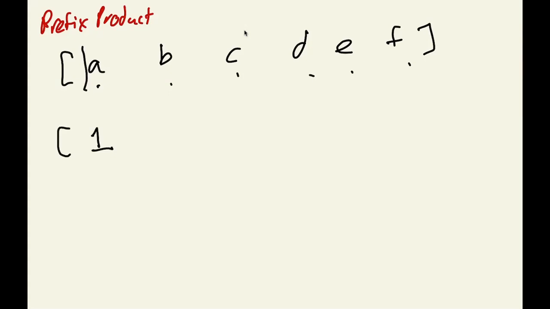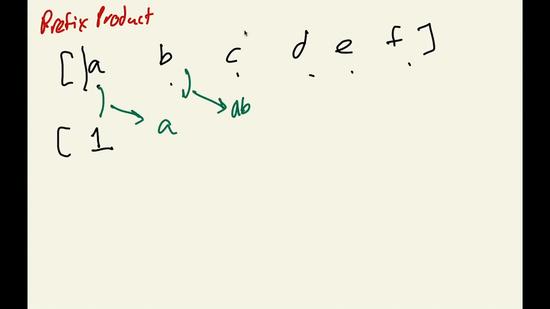Oh, I see. So I kind of see this: the next prefix will be basically the previous prefix times the previous element. Exactly. That's how you solve it. You go through this first, then go through the suffix and multiply it. Exactly.